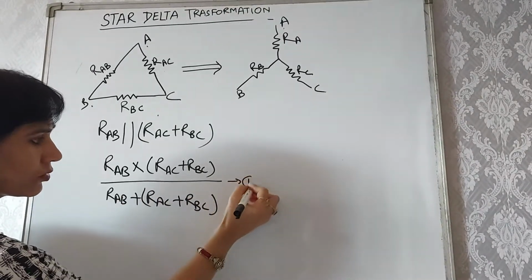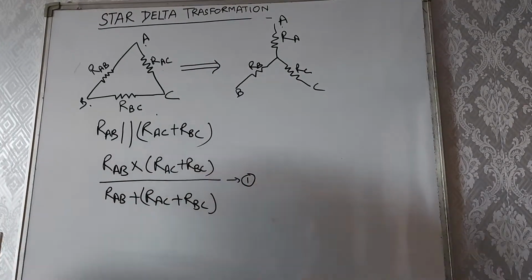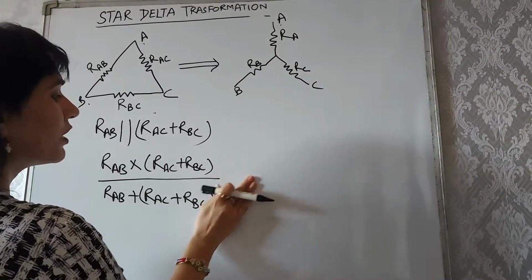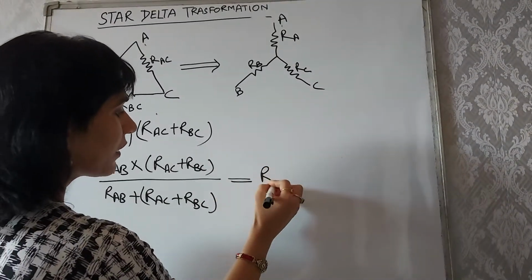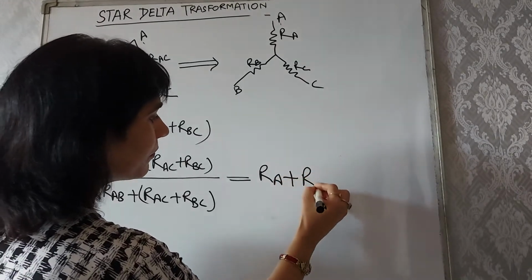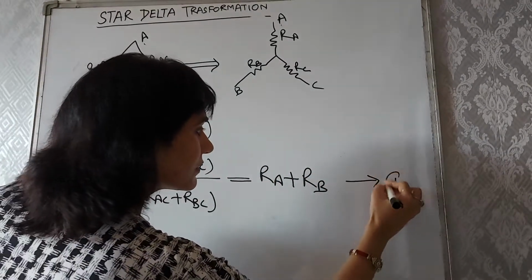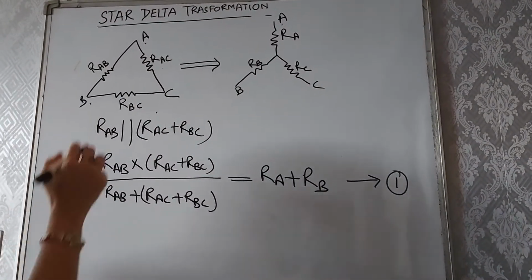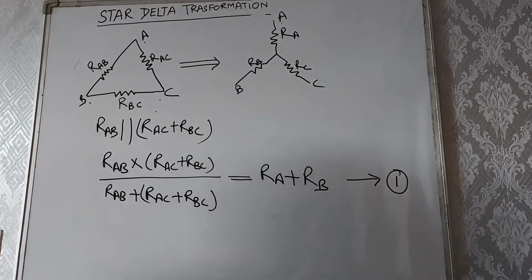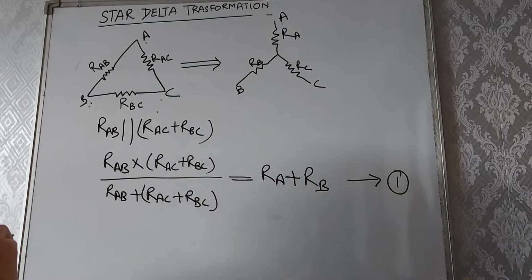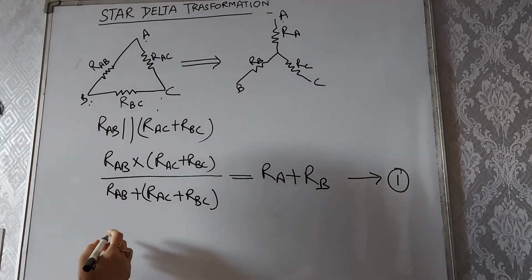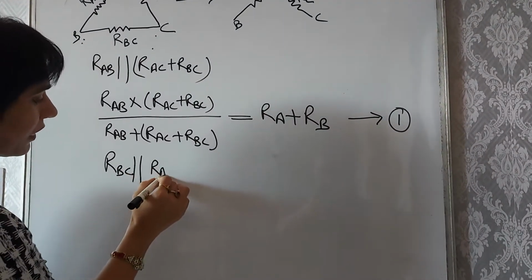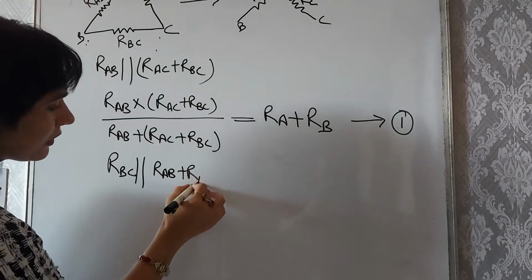This is equation 1. Here between A and B we have RA plus RB. This is written as equation 1. Second, between B and C, if B and C are the open points, then we have RBC in parallel with RAB plus RAC.